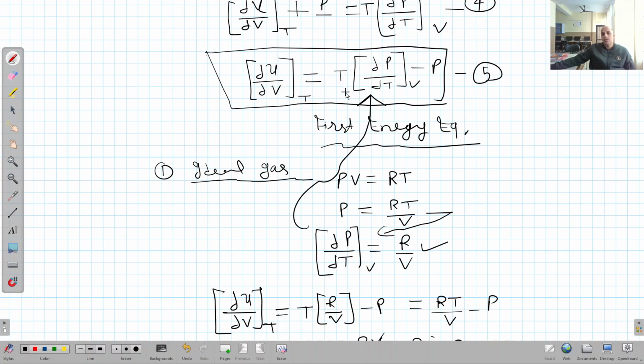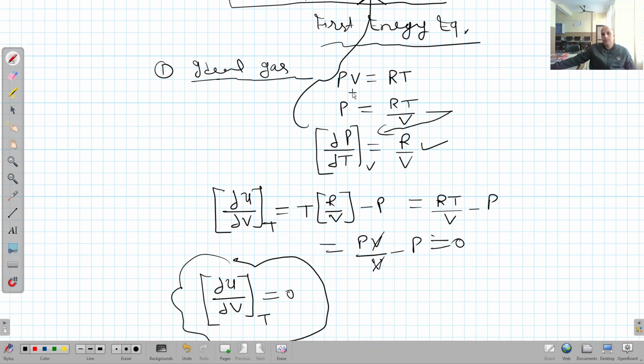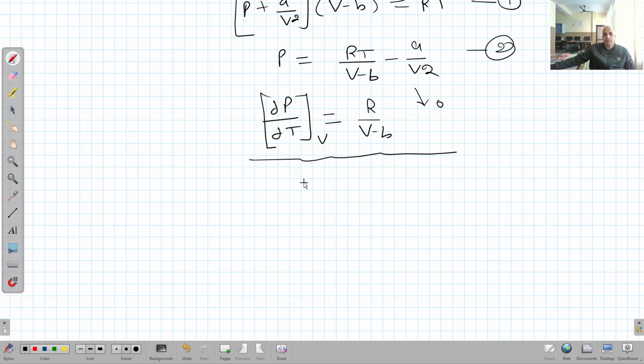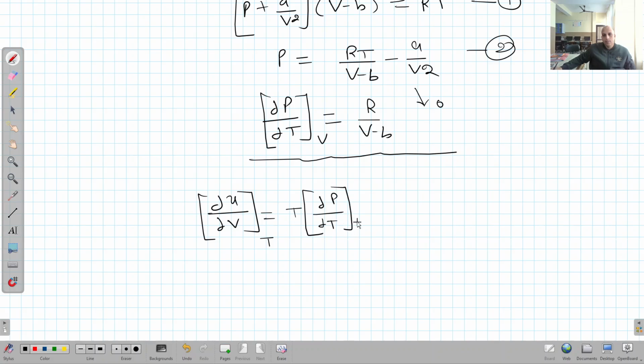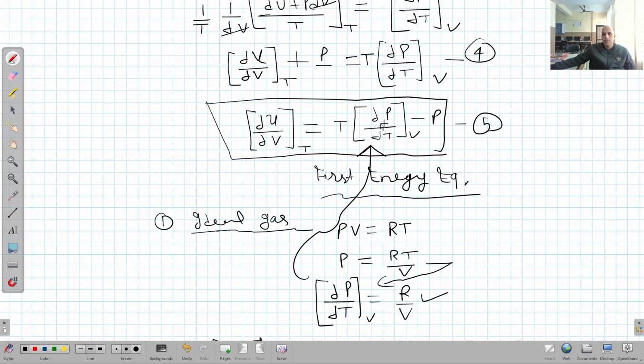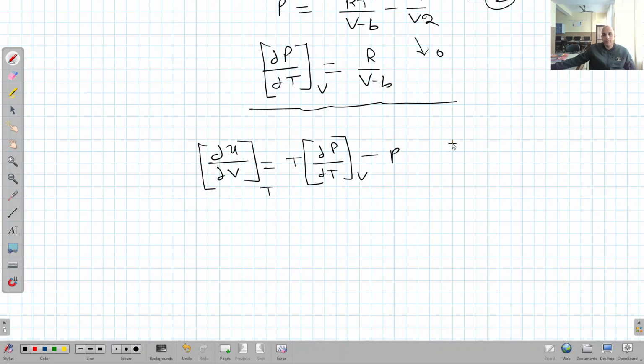Clear? So it was (∂U/∂V) at constant temperature is equal to T(∂P/∂T) at constant volume minus P. This was the first energy equation, right?